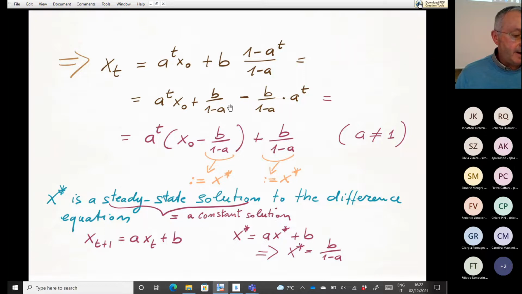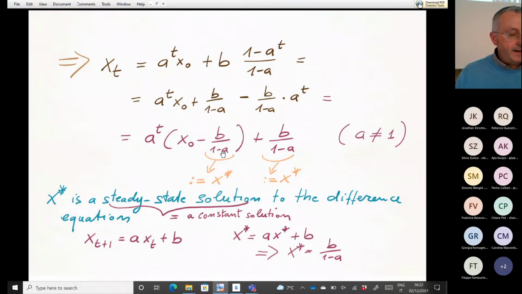Multiply both by b and you get this formula. Then you have two terms that include a to the power of t, which is this one and this one. So you factor these two terms, a to the power of t times x0 minus b over 1 minus a, plus b over 1 minus a.